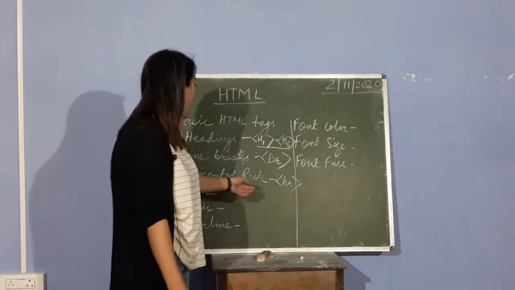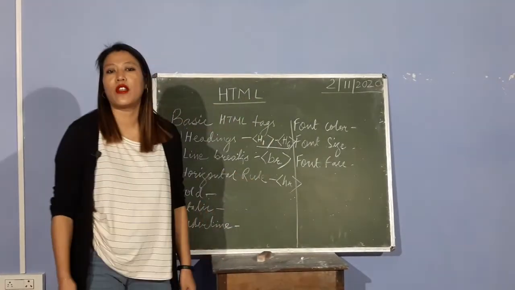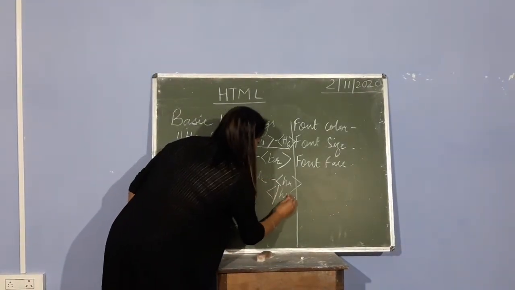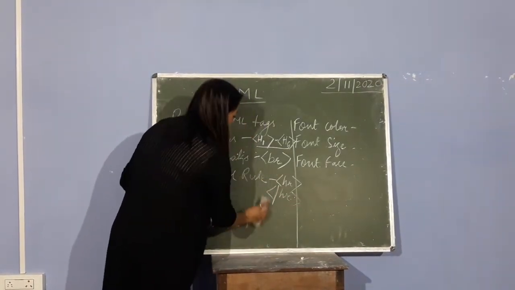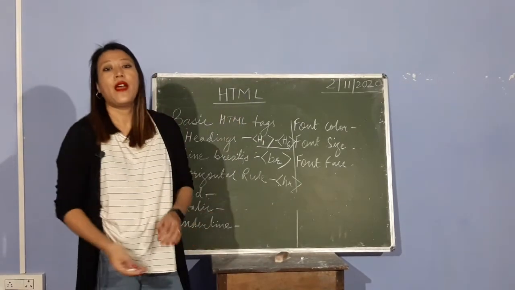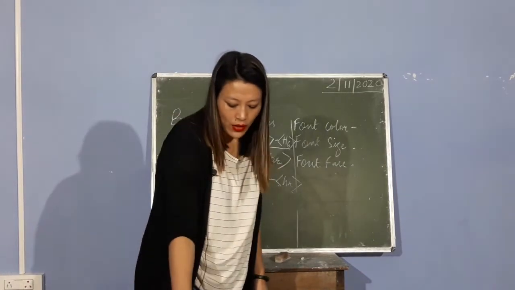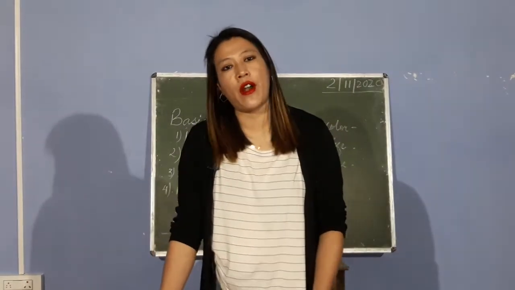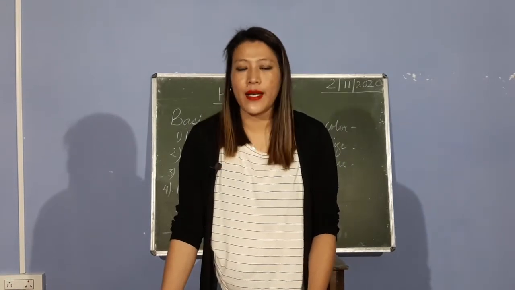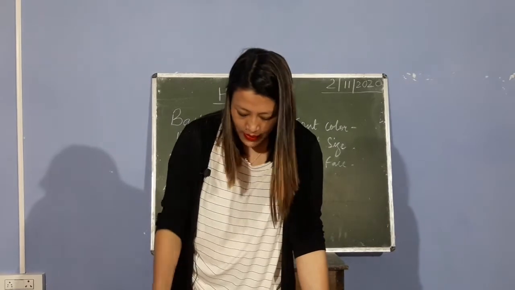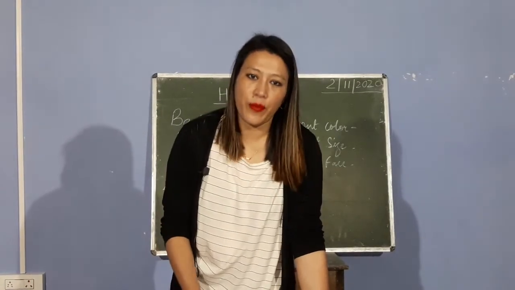So when you use the HR tag, you don't have to give slash HR, because it is an empty tag. It is not a container tag. That is called horizontal rule. You have to mention the horizontal width and alignment whenever you are making a web page.